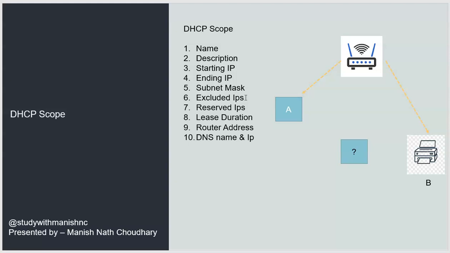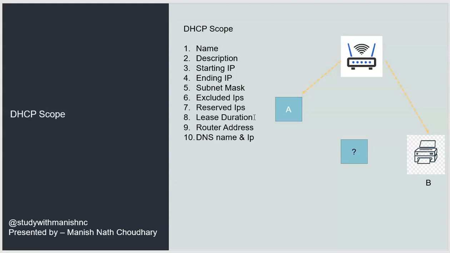They are reserved for particular devices, like a printer, which is always part of the DHCP server. So excluded and reserved are similar, and those IPs are not given to anyone else. Lease duration means the IP works only for a particular duration.